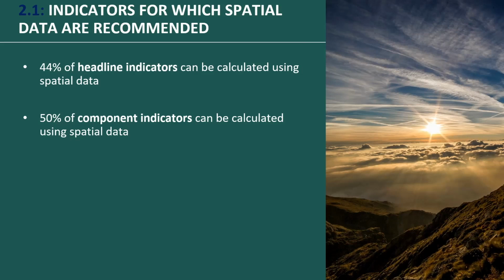Why is this important? Essentially, this analysis shows us that spatial data is critical to monitoring and reporting on national action to achieve the GBF. We'll unpack the methods behind this analysis and the details of the results a little bit further in the next presentation, and you can also read more about it in the guidance. Next slide.